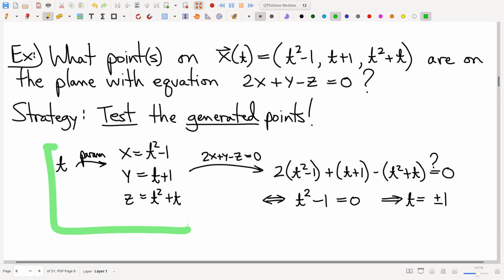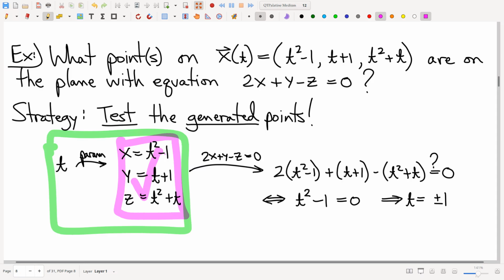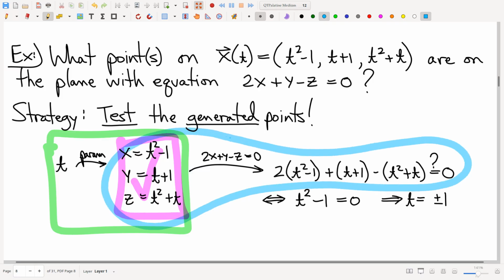Here's generating points on the curve. These are all points on the curve, the outputs of a parameterization. How do you test points? You test points by taking that x, y, and z and plugging them into the left side of the equation and seeing if you get the same as the right side.